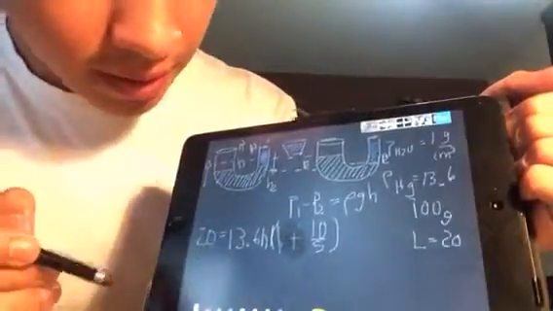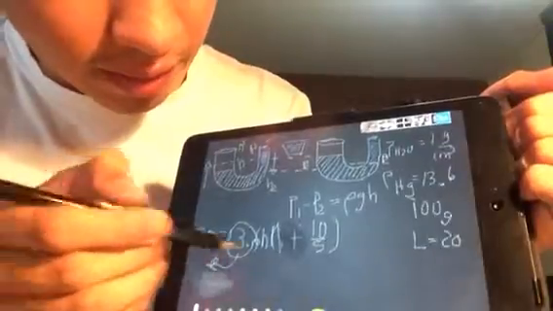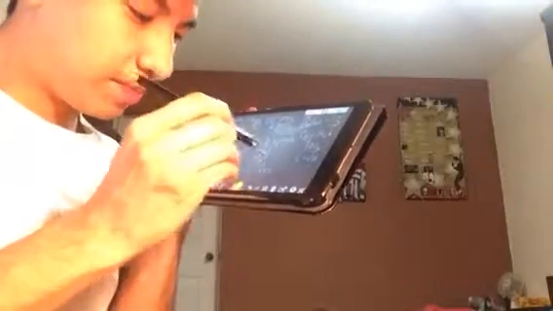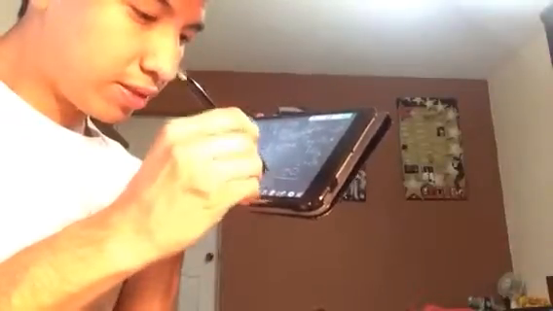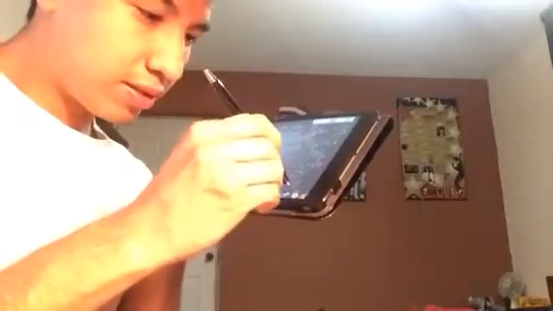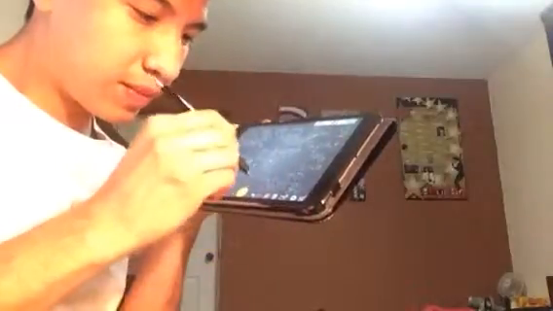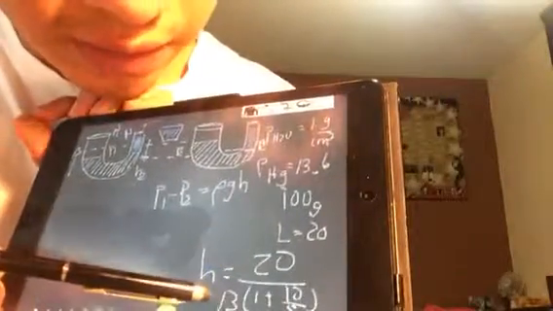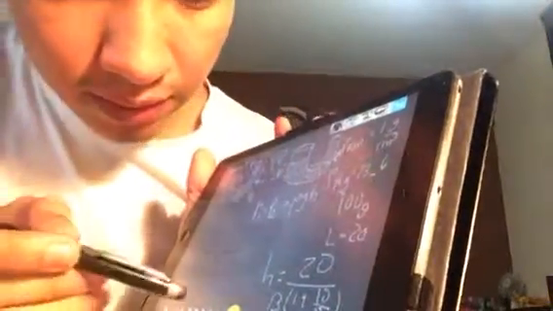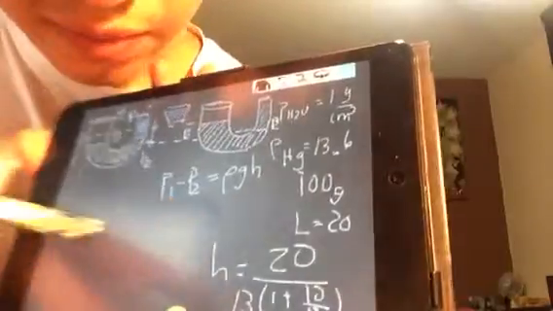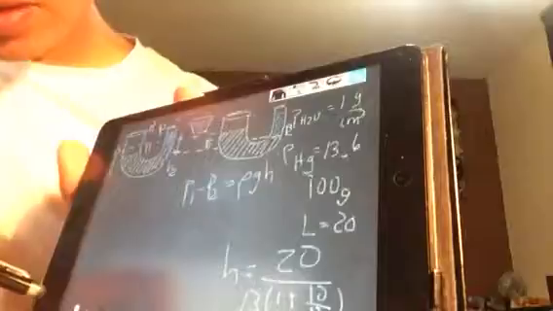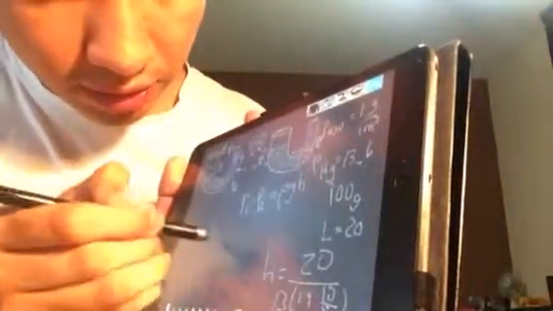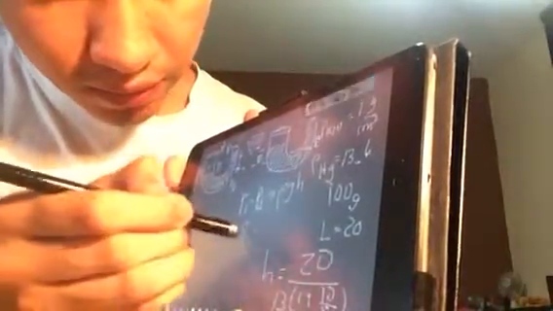We can pass this part to the other side, and I'm going to rewrite it. h is going to be equal to 20 over 13.6 times (1 plus 10/5). And our final result is that h is 0.49.